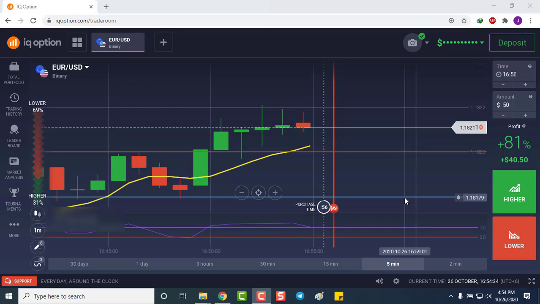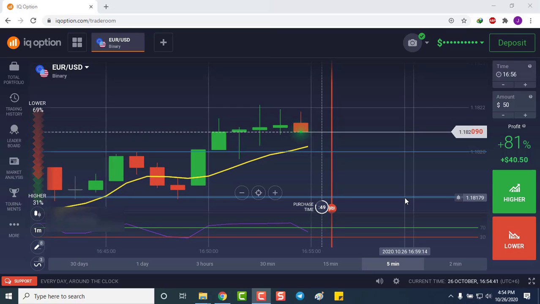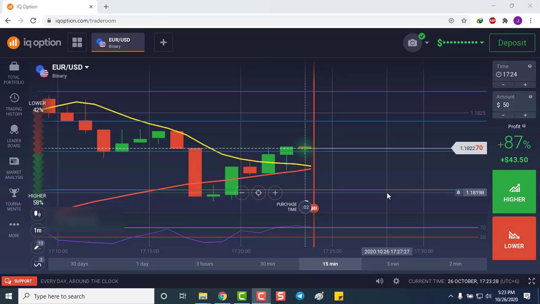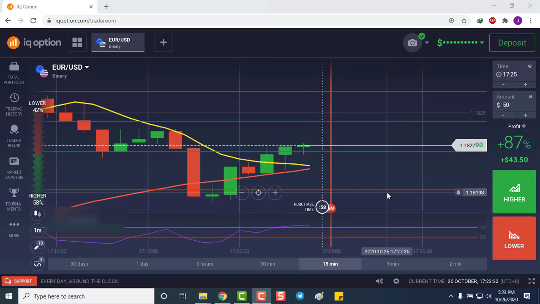So let's wait for a good signal, and when we get a good signal, let's take a trade using our PP Trend Crasher formula. Guys, I am waiting for a perfect signal, and when I get a good signal, I will place my trade.